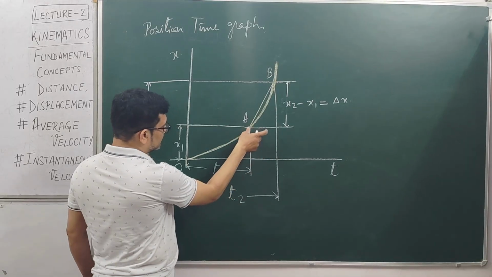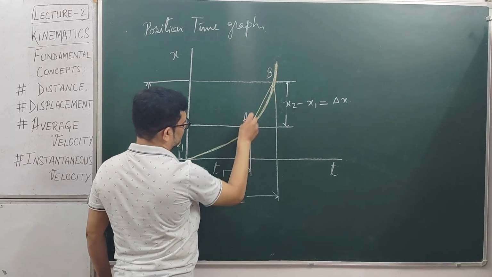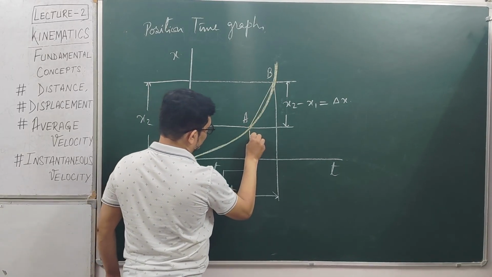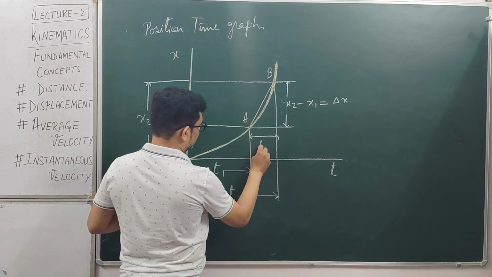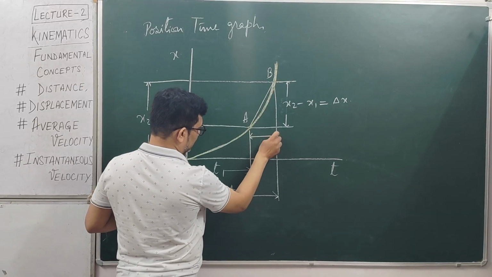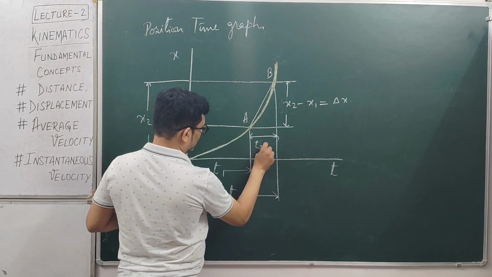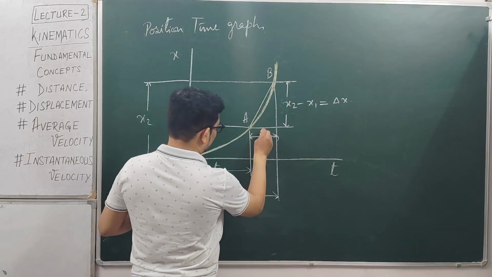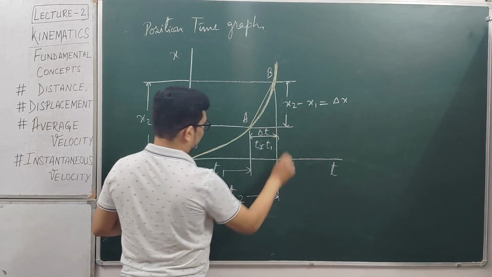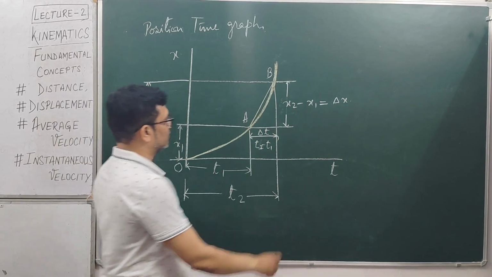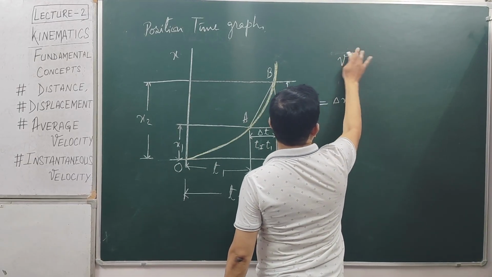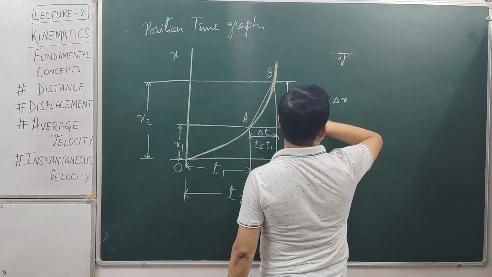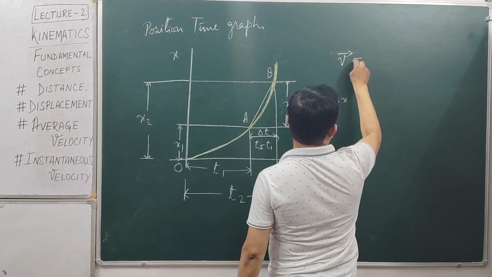And during this journey from A to B, what is the time interval? The time here is t2, the time here is t1. So this difference is t2 minus t1. That is what we call the time interval, delta t. So if you want to find the average velocity, let us denote that this is average velocity.